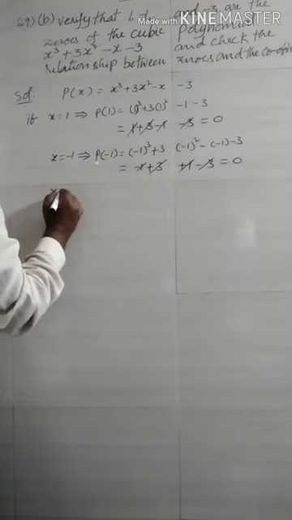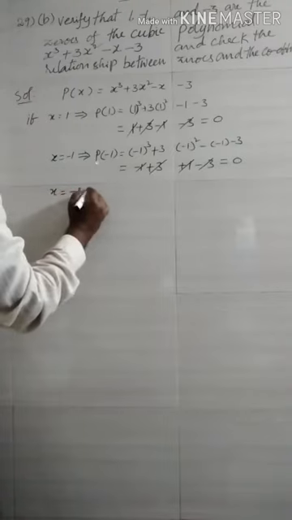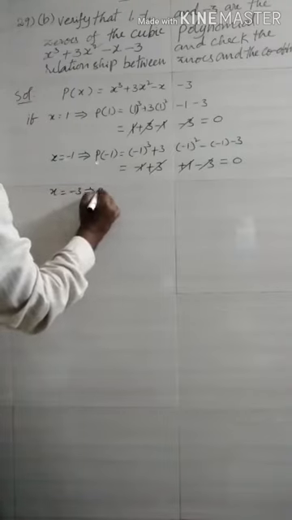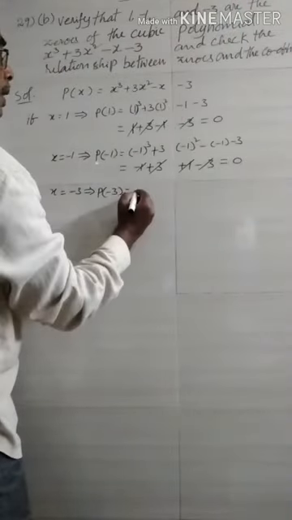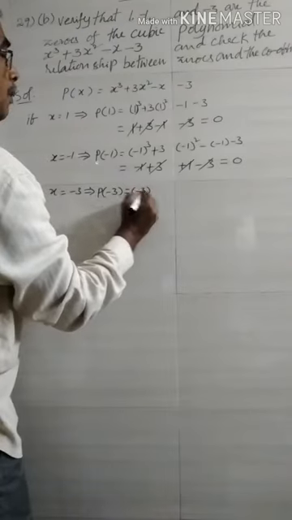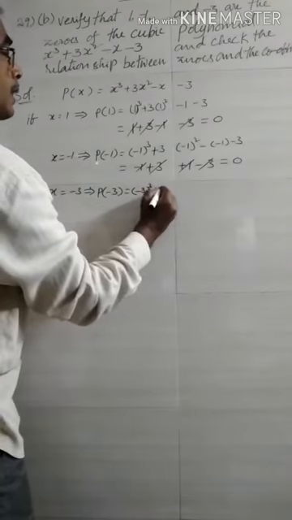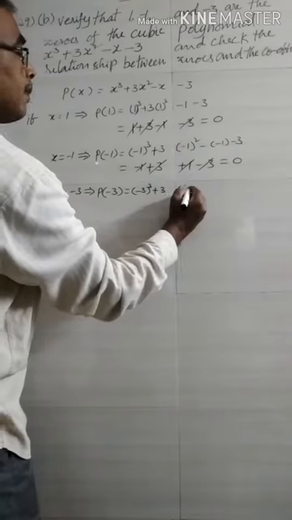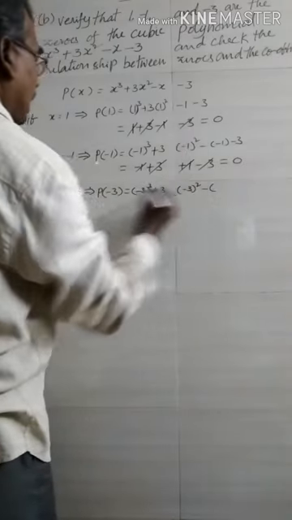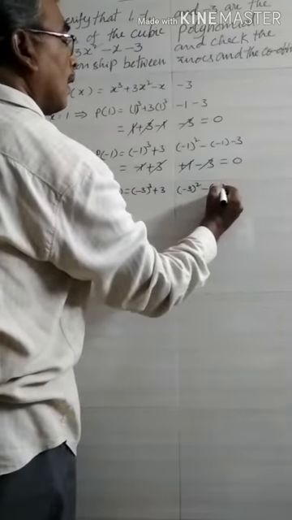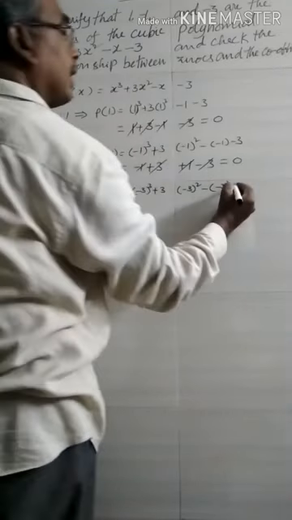If x is equal to minus 3, we check it. We substitute the minus 3 on behalf of x. x cube, that means minus 3 whole cube, plus 3 into x square means minus 3 whole square, minus x means minus of minus 3.